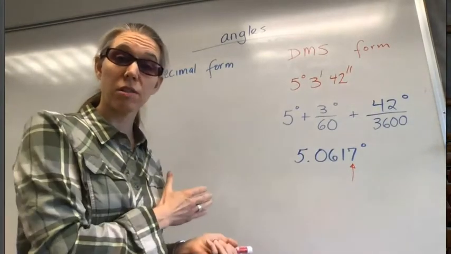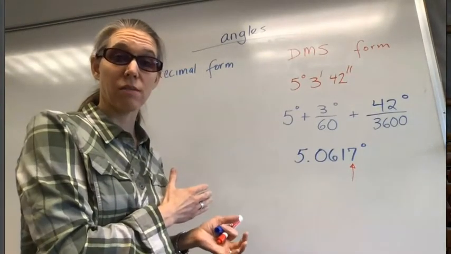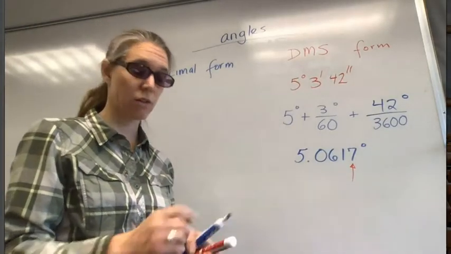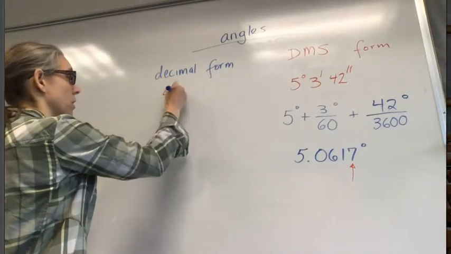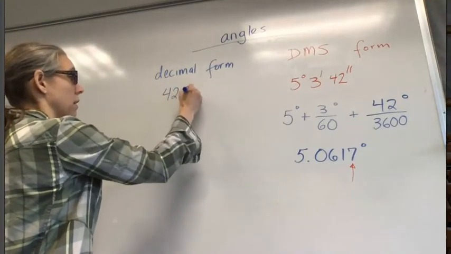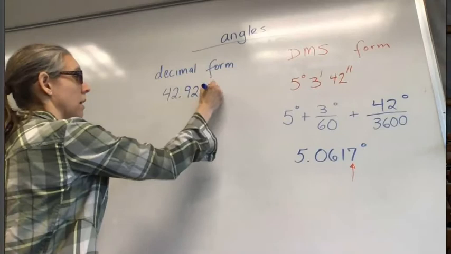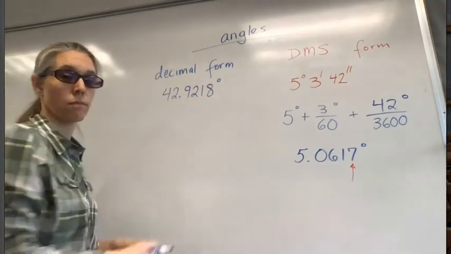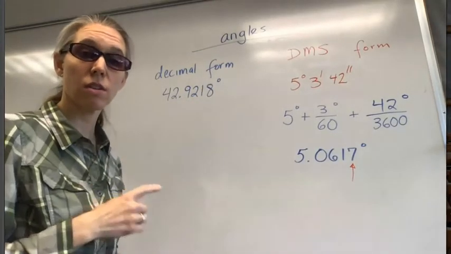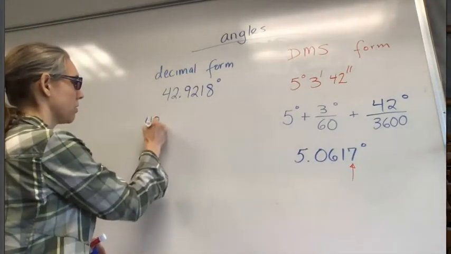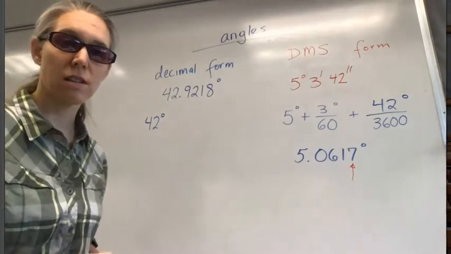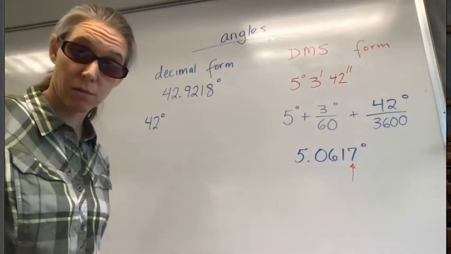What if you start with decimal form and you need to convert it to DMS form? How do you do that? So let me just make up something. 42.9218 degrees. Okay, so you do this one on the calculator. We know that we have 42 degrees. The next question is, how many minutes do we have?